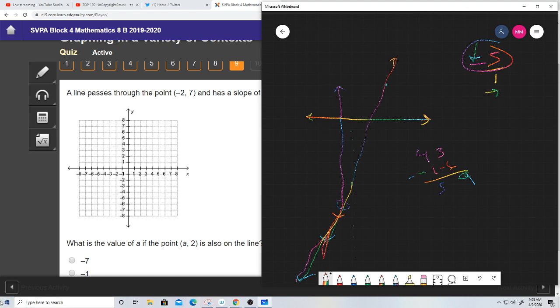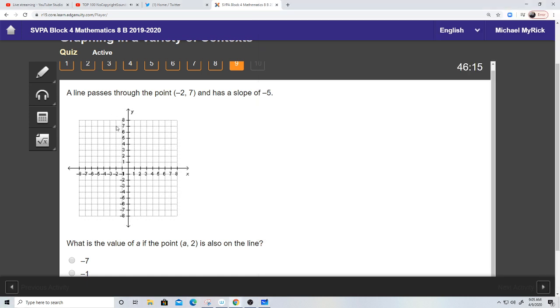So let's go right 1, down 1, 2, 3, 4, 5. We're not there yet, because they want us to go all the way over here. Right 1, 1, 2, 3, 4, 5. Right 1, and now we ran out of lines, but we're smart people, so we have to go down 5 from here. Guess what we have to do?